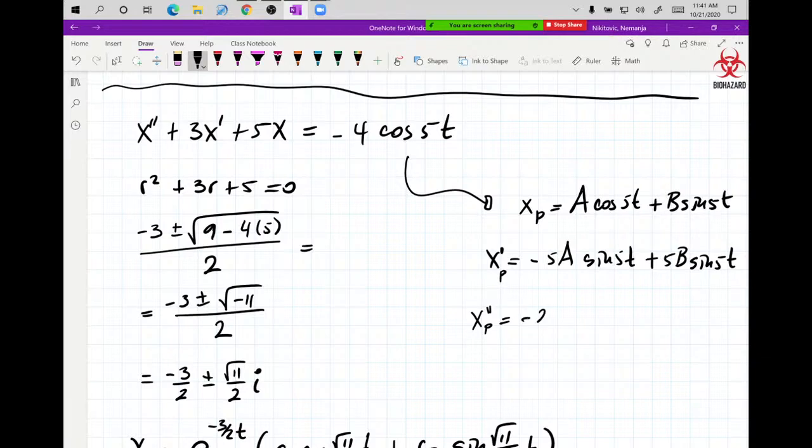So that's going to be negative 25a cosine 5t, and plus, oh no, derivative of cosine is negative sine. So negative 5b sine 5t. You didn't do the chain rule. Oh, kill me now. I dropped the 5, right? Is that it?